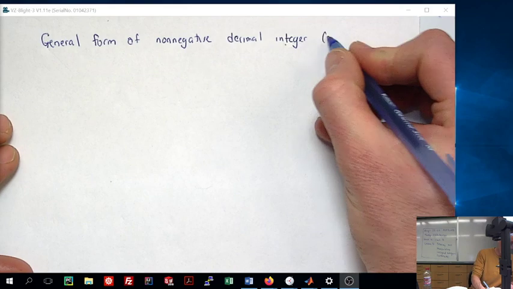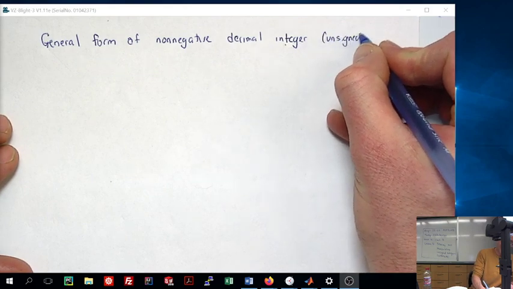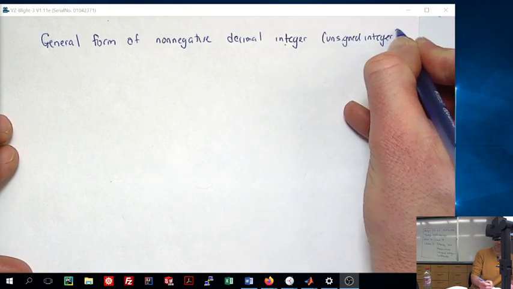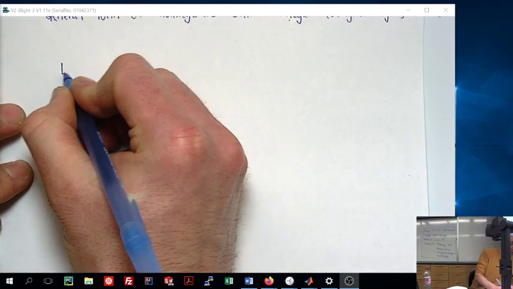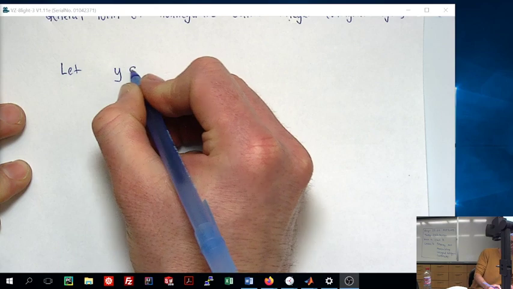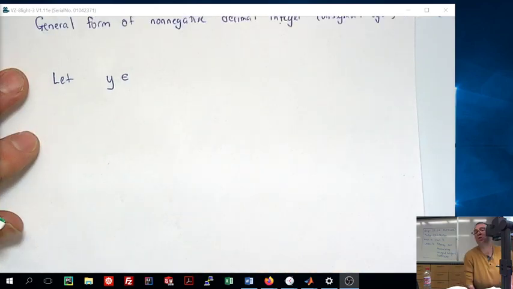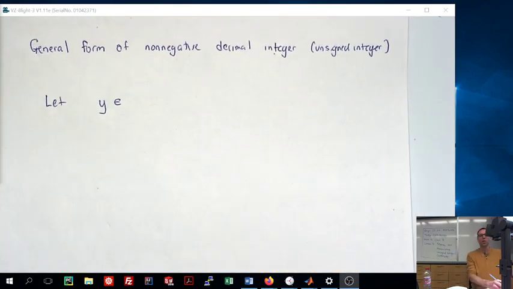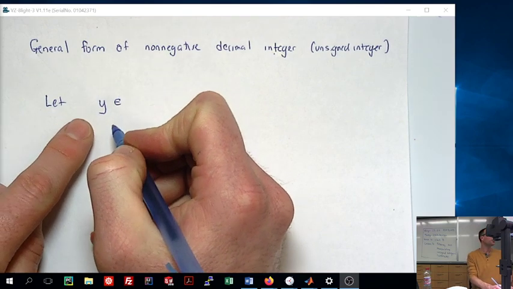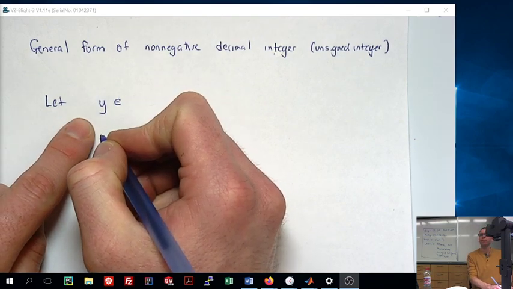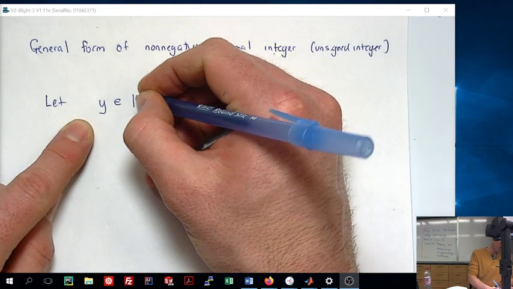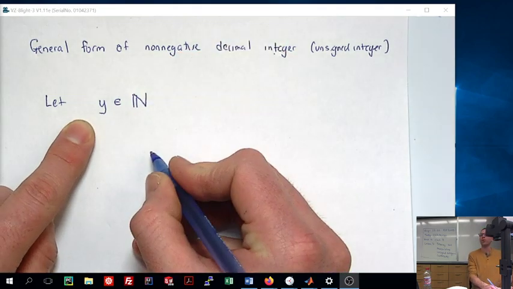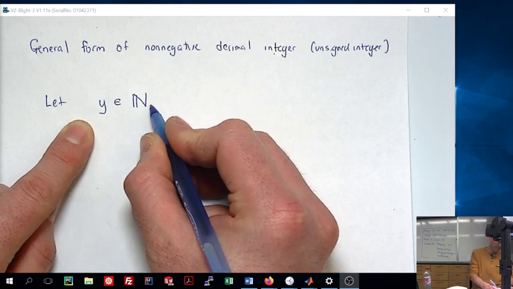We call this an unsigned integer. Okay. So let's go ahead and say let y be an element. In mathematical notation, which can be quite powerful, if it's an unsigned integer, from what set does it come? The natural numbers, including the number 0.